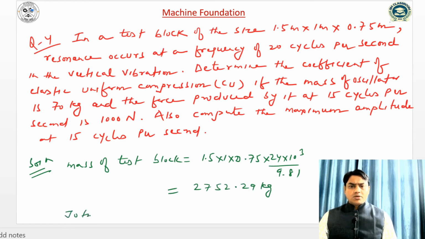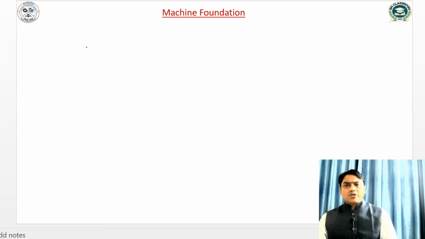So total mass is equal to 2752.29 plus the mass of vibrator, which is 70. So it is 2822.29 kg.